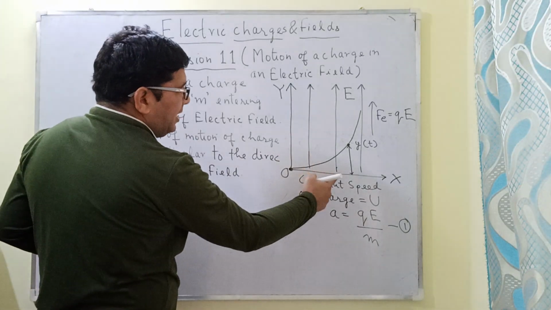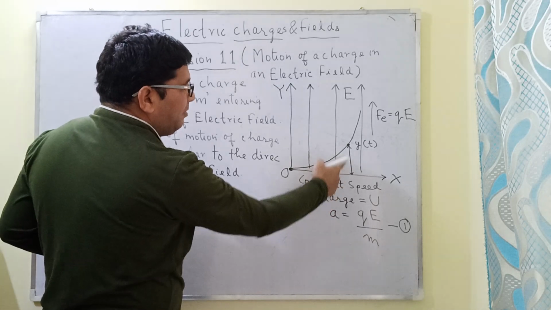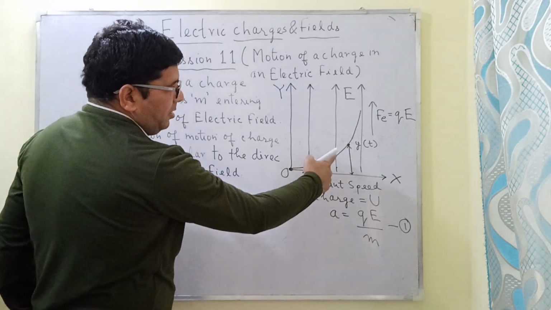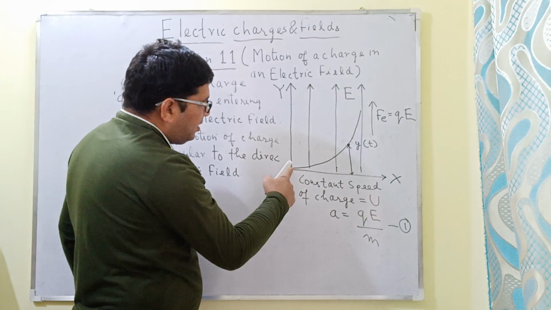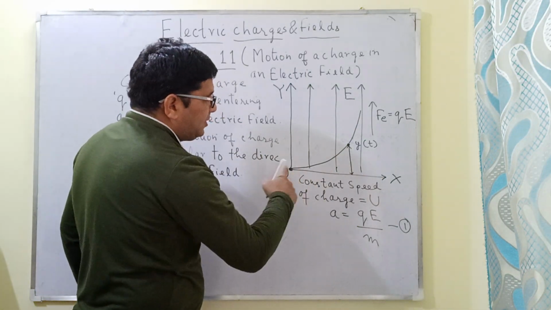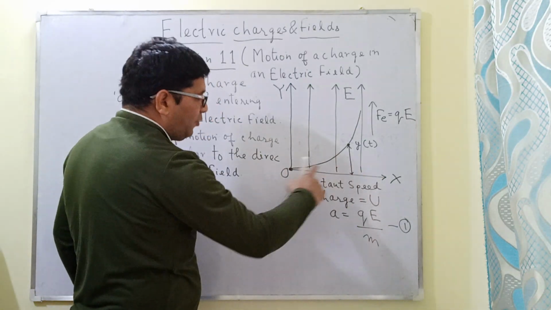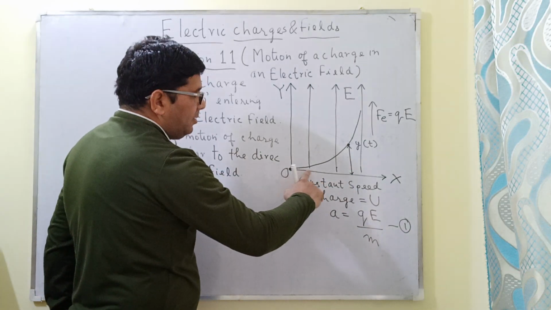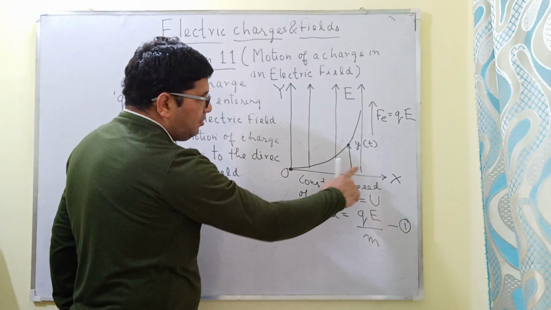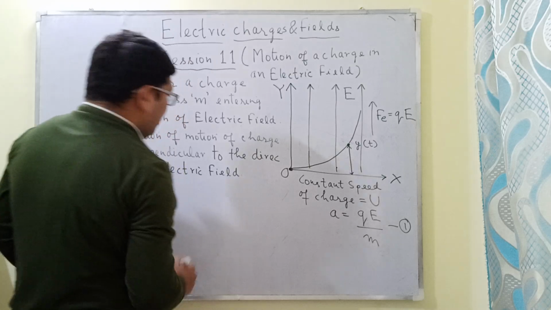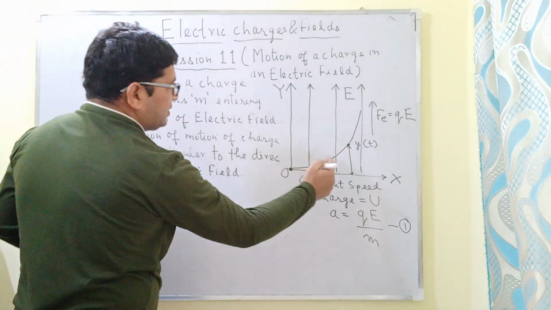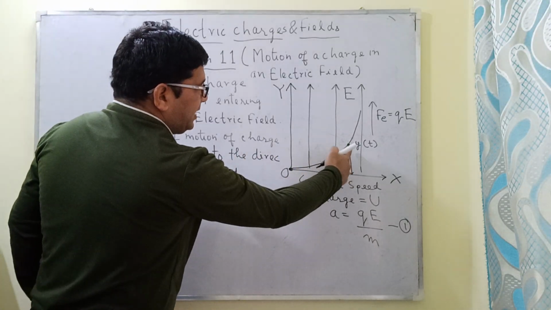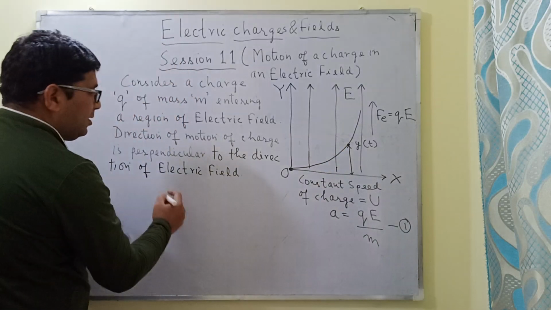Because of that, there will be a deflection of this charge from its original direction of motion, and now we have to calculate this deflection, which I have denoted here as yt.